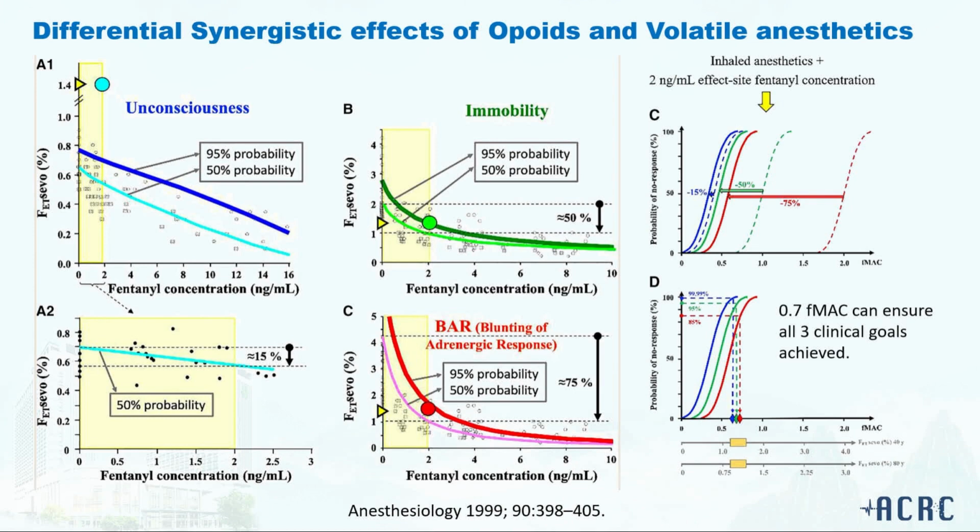Taken together, all three curves shift left, but the synergistic effects are different. After combined use of opioids or fentanyl, the three curves come together, and at this point 0.7 fraction MAC will ensure the three clinical goals can be achieved.